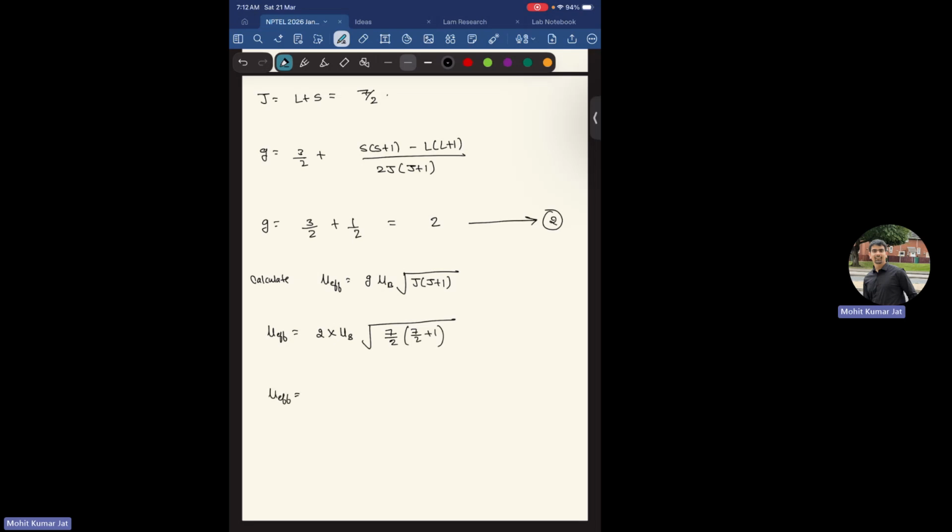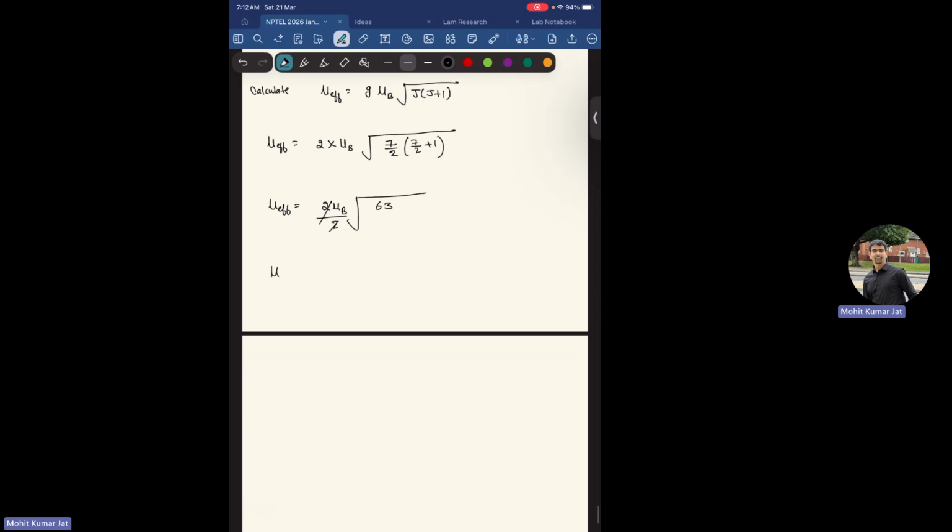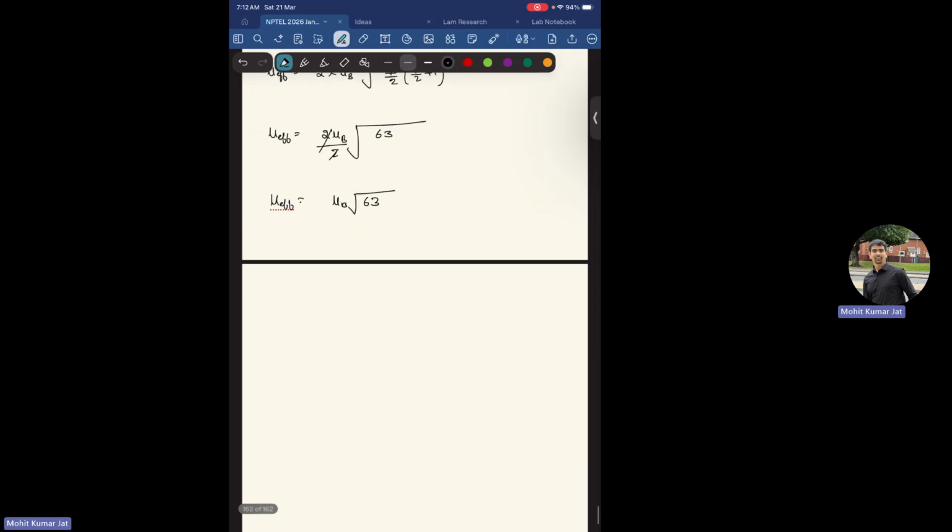So mu effective is nothing but 2 mu B square root of 63 by 2, 2 cancels. Mu effective is mu B times root 63. This is equation number 3.